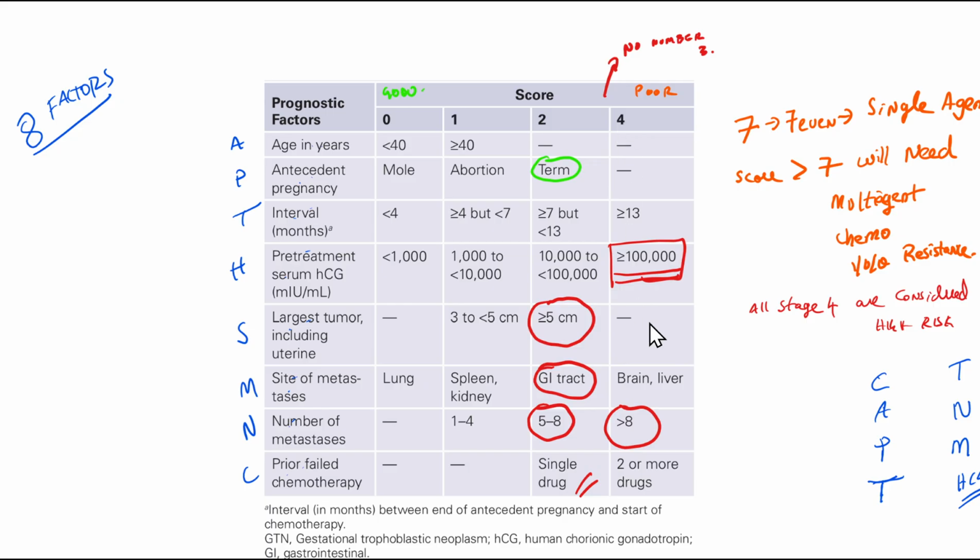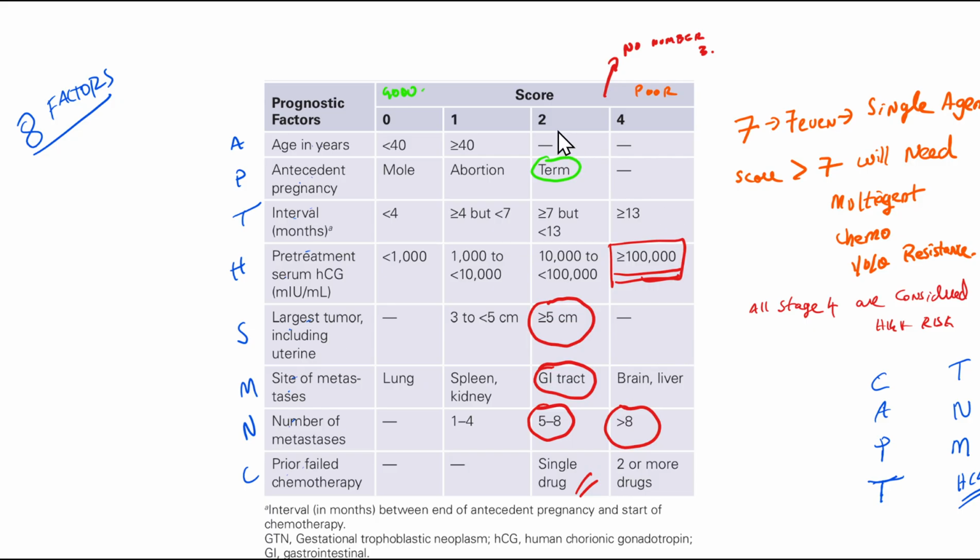So basically, you have to find a way to remember this scoring system. There are various mnemonics. You can think of Captain TNM: beta HCG, C is the prior chemotherapy, and N is the number of mets. And site of mets: four is brain and liver, two is GI tract, one is kidney and spleen, zero is lung.